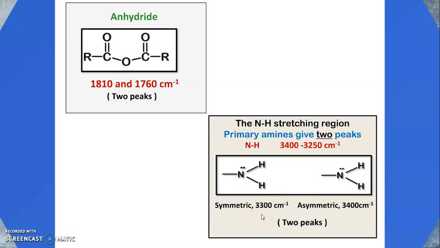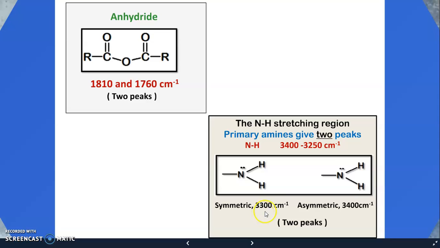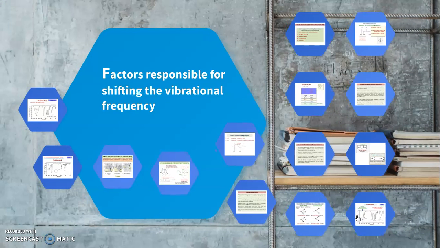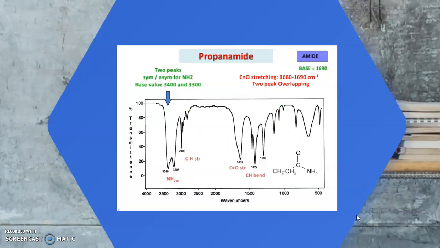The symmetric stretching shows at 3300 centimeter inverse and the asymmetric shows at a higher frequency, that is 3400. It means that the NH2 shows two peaks. That means a single peak is divided into two peaks due to this symmetric and asymmetric vibration. That is called coupling vibrations or Fermi resonance.